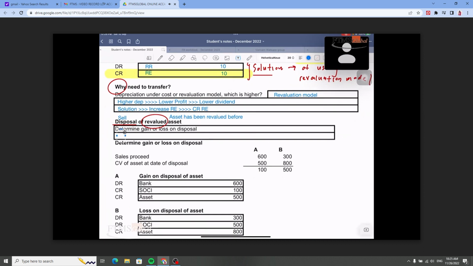The step you need to do is to transfer any remaining balance in your RR to RE. So this is the additional step you need to do, if your asset has been revalued before.